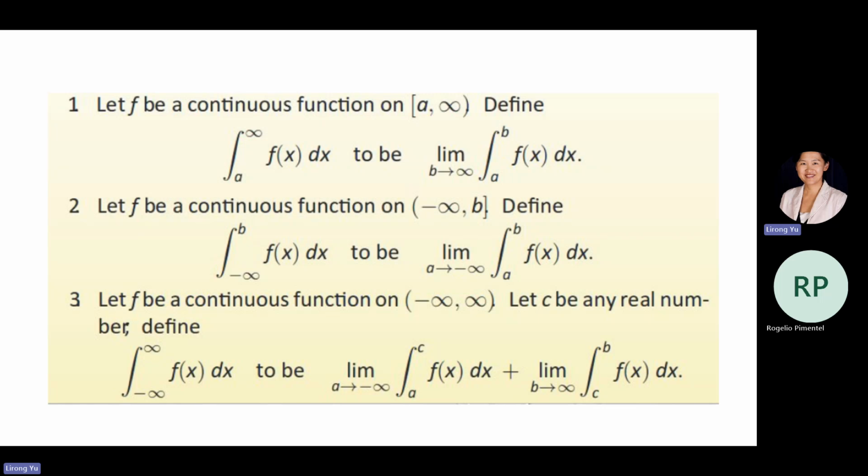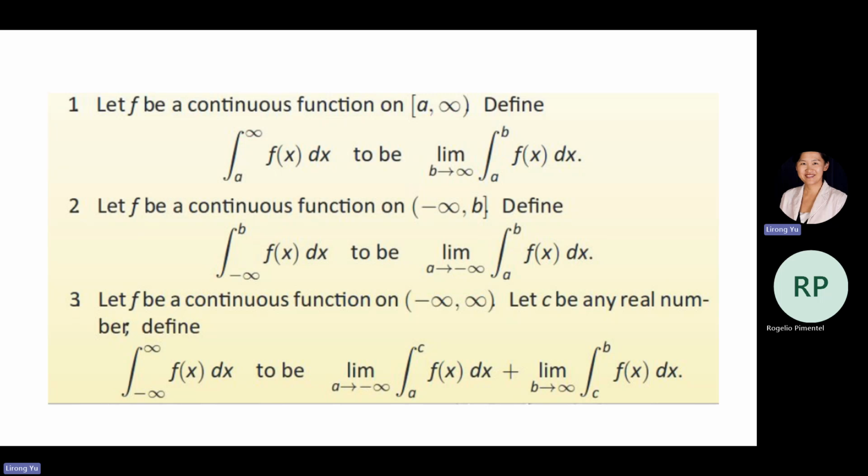Right, the last situation is, what if the upper limit and the lower limit are both infinite, negative infinity to positive infinity? So how do we do it? We have to separate it into two. Just pick any number between negative infinity and positive infinity, possibly 0. Integration on a big interval can equal integration on smaller intervals added together.